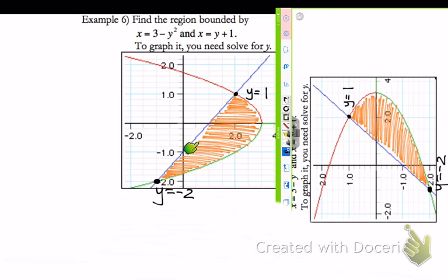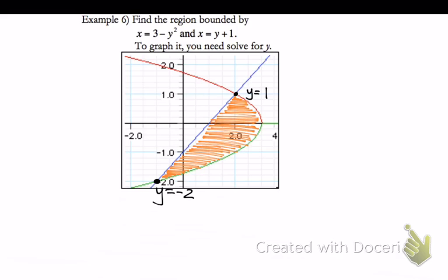When we write our integral, we're going to be looking at the top function, which is the parabola, or the one all the way to the right, minus the bottom function, which is our line. So here's what I want you guys to write. I want you guys to write the integral from -2 to 1, because those are my y limits, the furthest one to the bottom and the furthest one to the top.